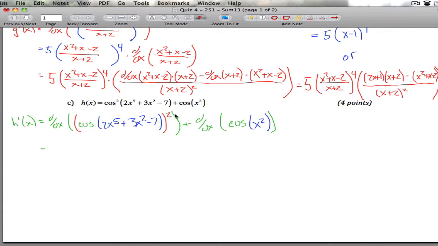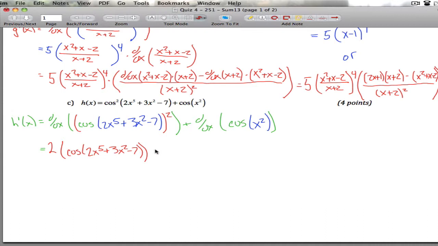Our outermost function here is this squared. So what we're going to do is move that 2 down in front and leave all this stuff alone. Cosine of 2x to the 5th plus 3x squared minus 7. And now that's to the 1 power. But then we're not done.